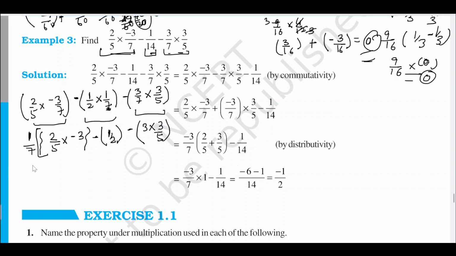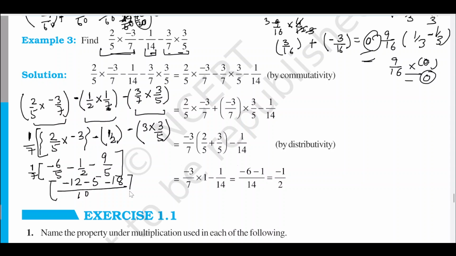Okay, so 1 by 7, it will be minus 6 by 5 minus 1 by 2 minus 9 by 5. Okay, so LCM will be 10. So minus 12 minus 5 and minus 18.